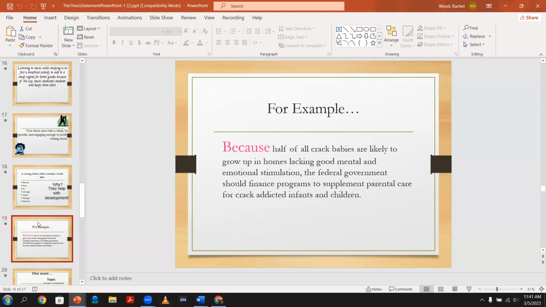So, for example, because half of all crack babies are likely to grow up in homes lacking good mental and emotional stimulation, the federal government should finance programs to supplement parental care for crack-addicted infants and children. Now, that is a debatable thesis statement. It's defensible. It has some statistics and some information in there without adding in the numbers.